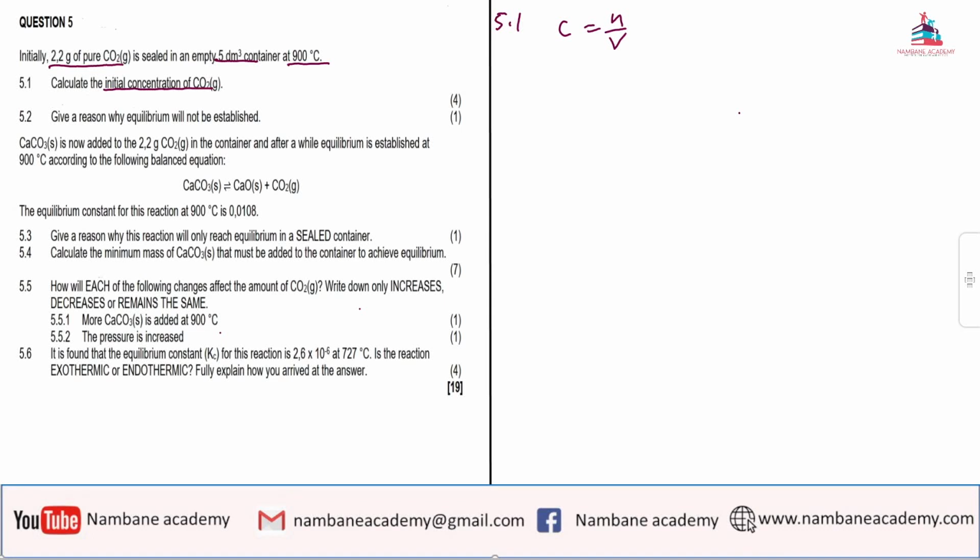What is the problem? I do not have the number of moles. But I can say n of CO2 is just m over the molar mass, because I am now given the mass thereof.